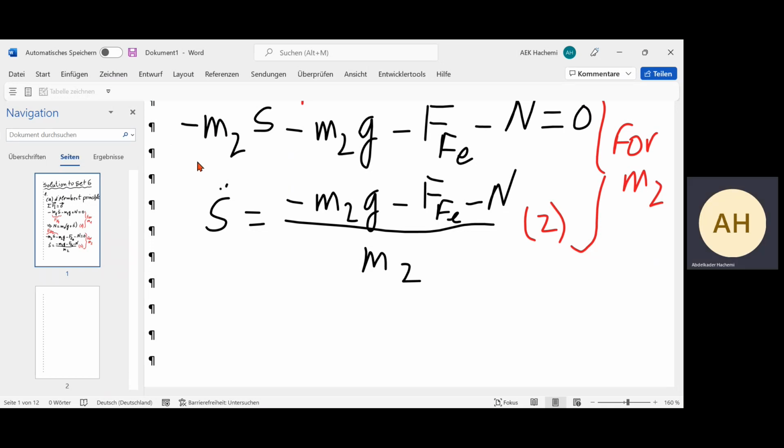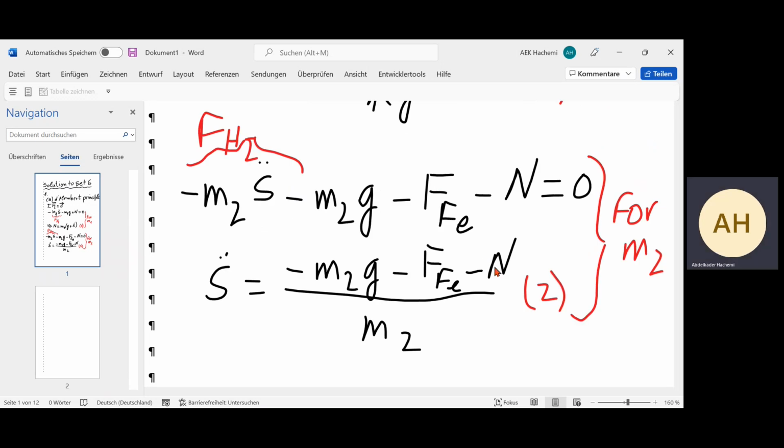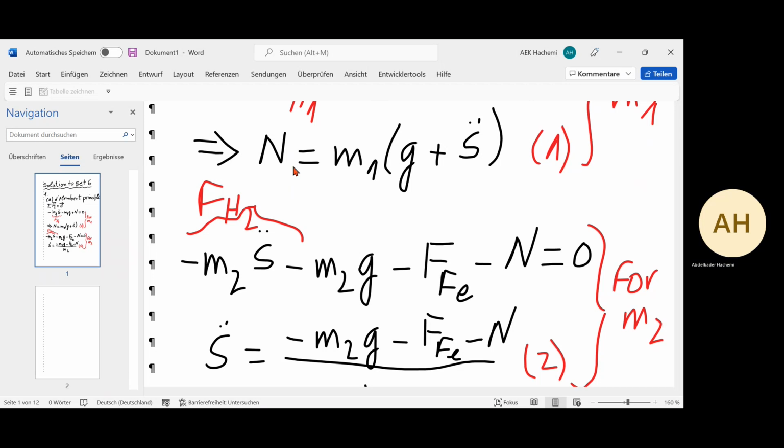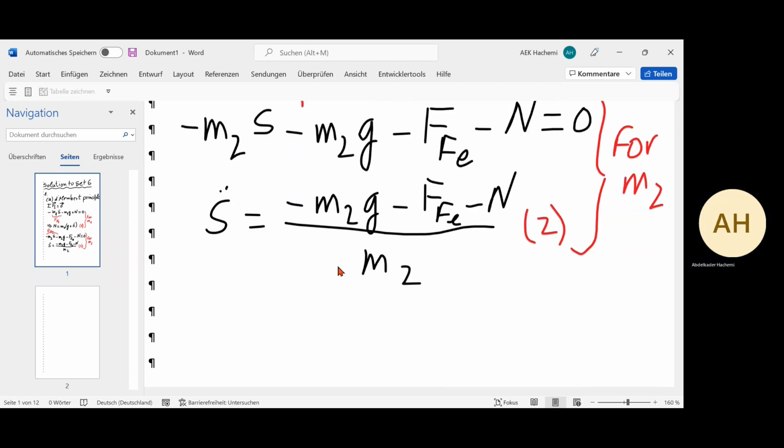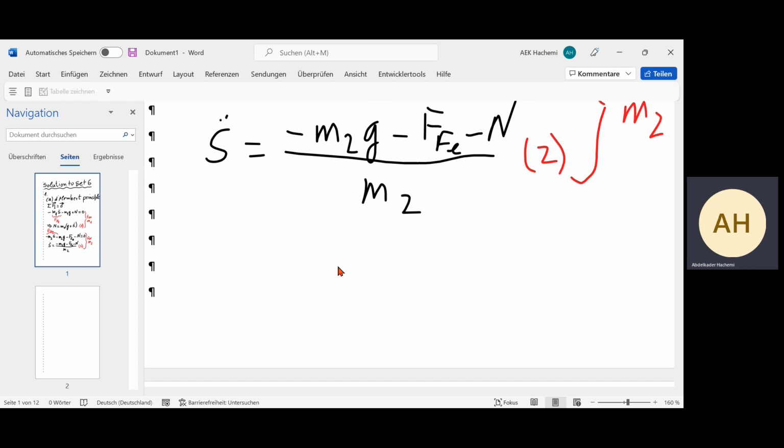Now we have the first equation and the equation 2. The spring force FA is only C multiplied by the position S. N is unknown, S is unknown, and S dot dot is also unknown. Then we always have two equations with three unknowns.